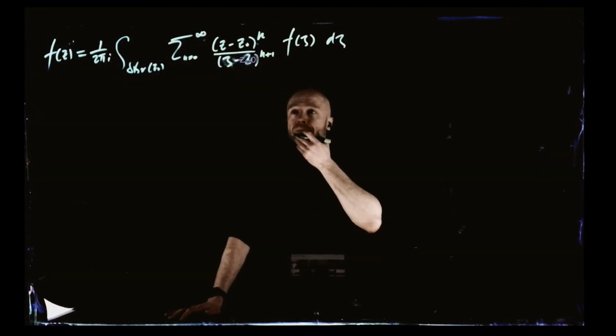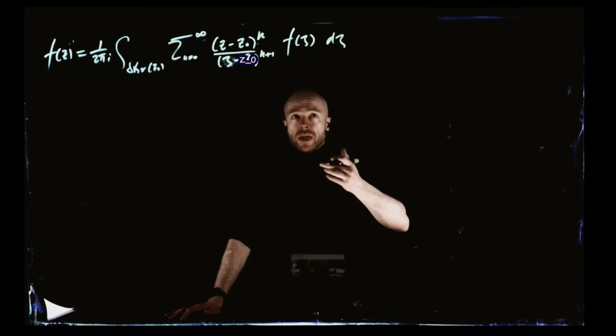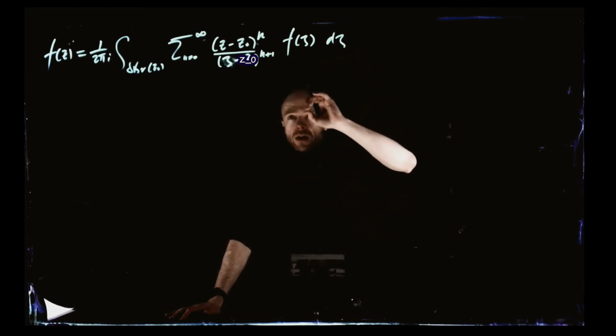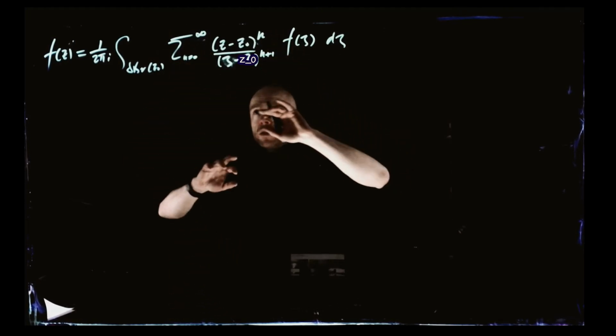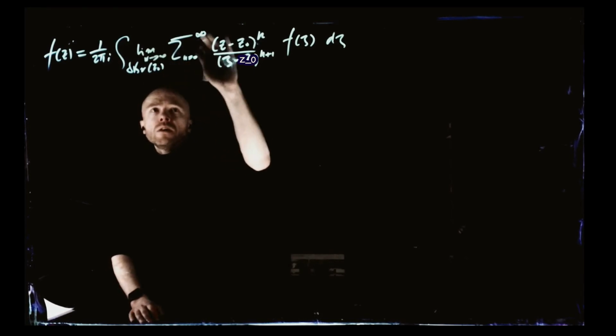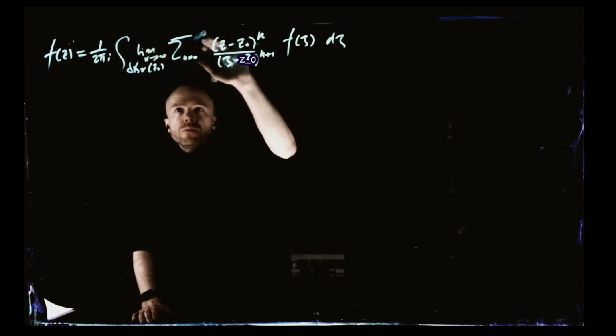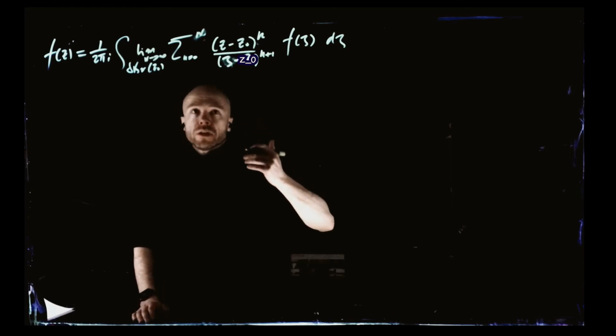Cool. So we want to pass through this limit, and we want it to be uniform with respect to zeta. So this thing is the following partial sum. This is the limit as n goes to infinity of this partial sum, right? That's the meaning of this infinite sum.